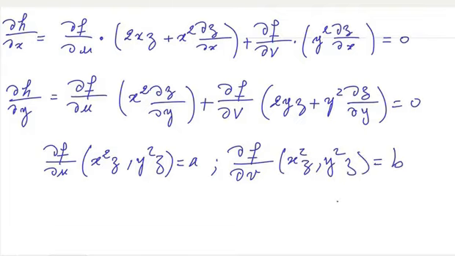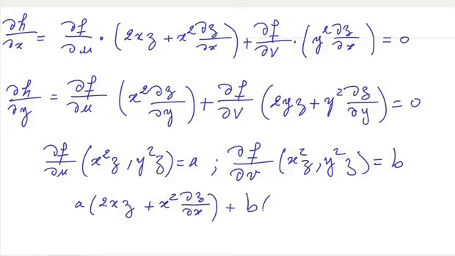The two systems we obtain thus become: a multiplied by 2xz, the first line on this page, plus x² times the derivative of z with respect to x, plus b multiplied by y² times the derivative of z with respect to x.